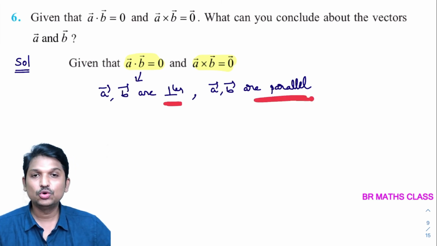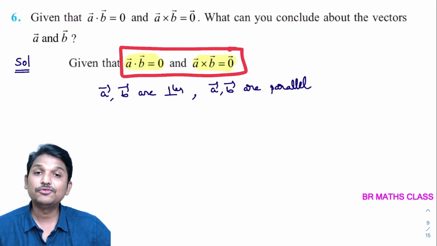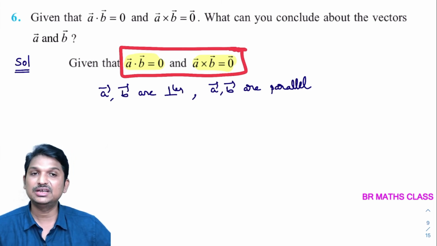Answer: no, not possible. The only chance that these two things hold good is when any one of the vectors is a 0 vector. Then only a bar dot b bar equals 0 as well as a bar cross b bar equals 0 bar.